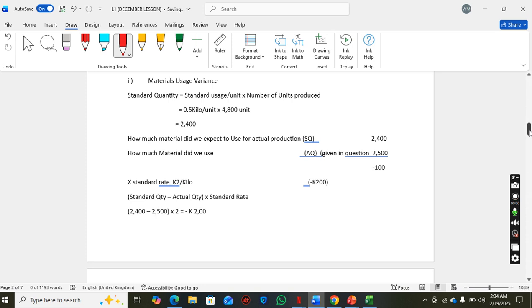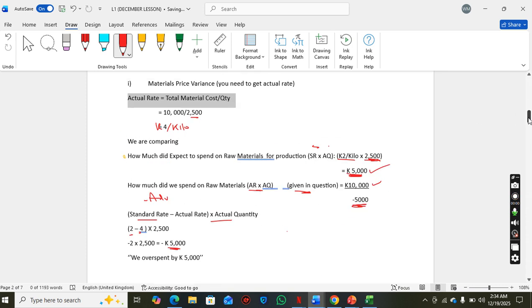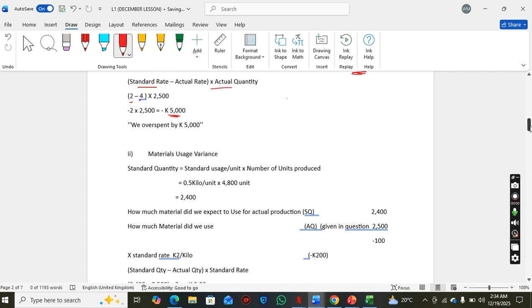So now we're going to our material usage variance. Here we're focusing on how well we utilized our materials. Did we use more or did we use less?